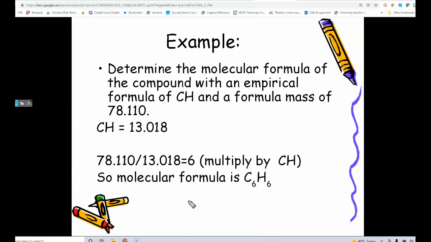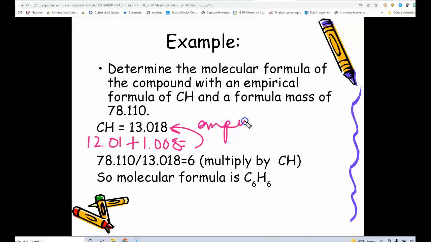Let's remind you that from the periodic table, the C has a formula mass of 12.01 and the H has a formula mass of 1.008. And when we add those together, that's where the formula mass of the empirical formula came from. So that's the empirical formula mass.